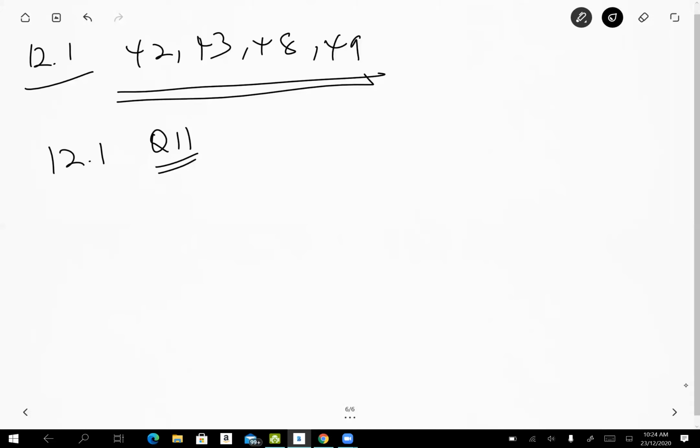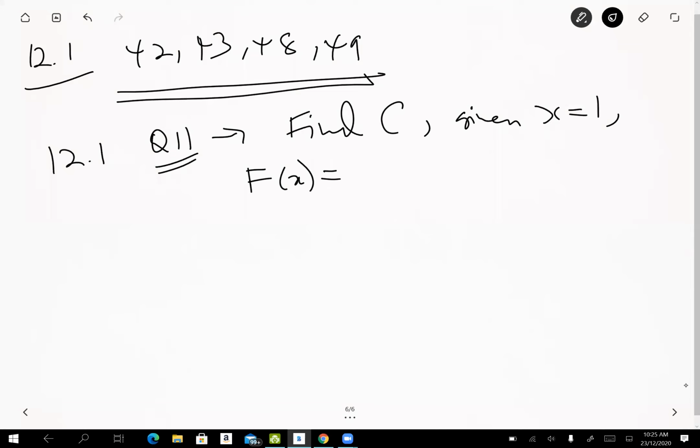I would like you to get the integral for question number 11, and then I want you to find C, given x equal to 1, the integral is equal to, say, 25. The thing here is I want you to practice finding that value of C. So do that question number 11.